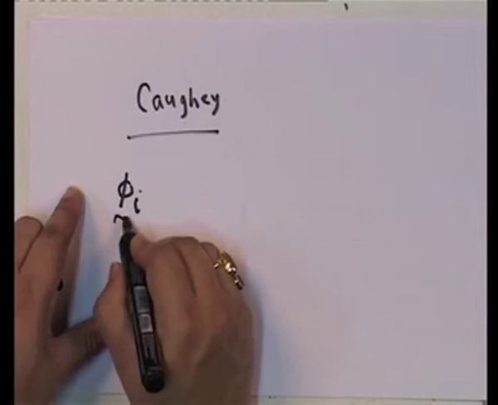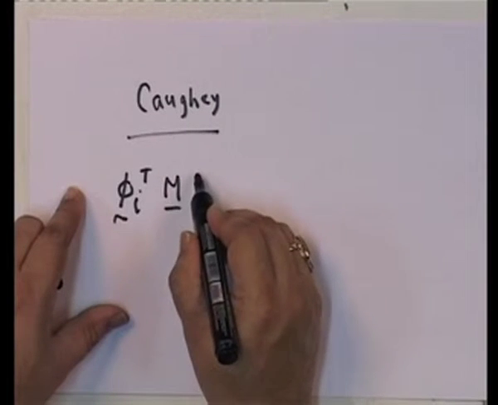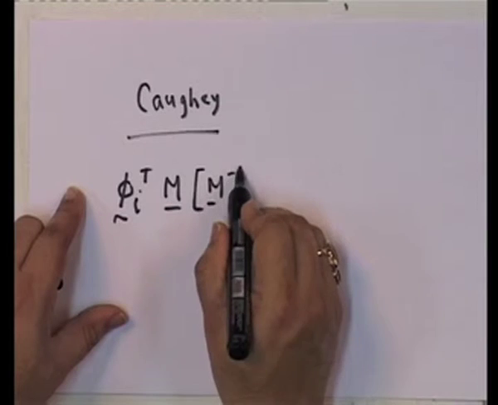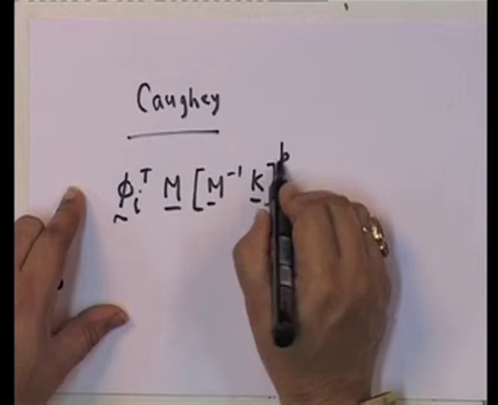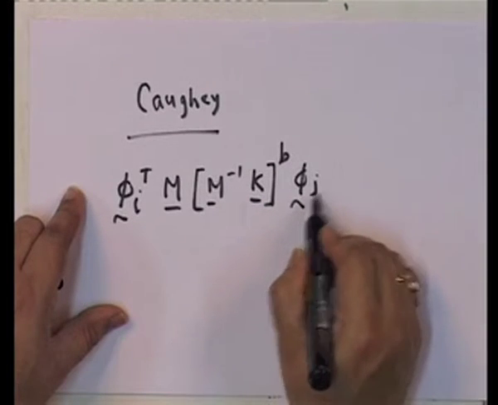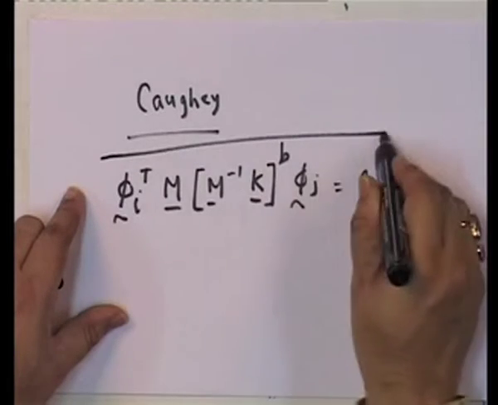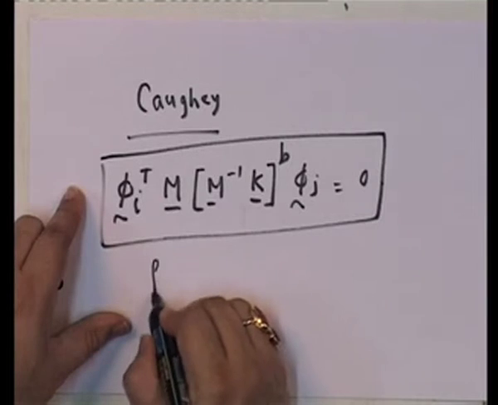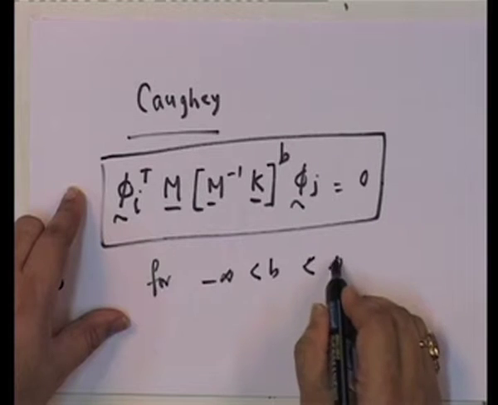And he proved that there is a class of orthogonality conditions given by phi I transpose M (M inverse K) to the power b phi j equal to 0, for b from minus infinity to infinity.